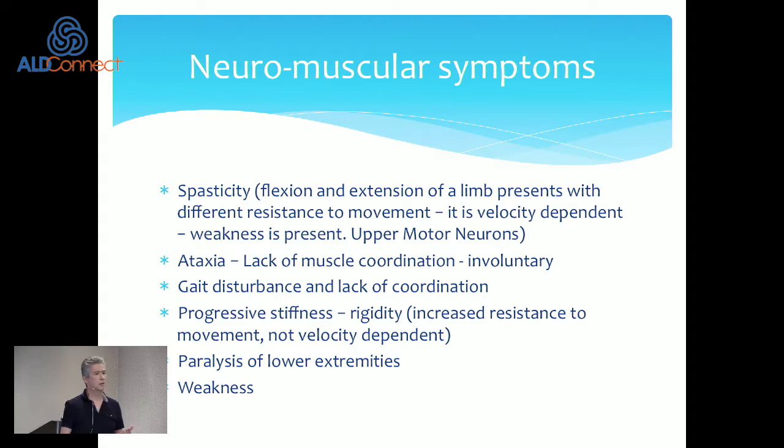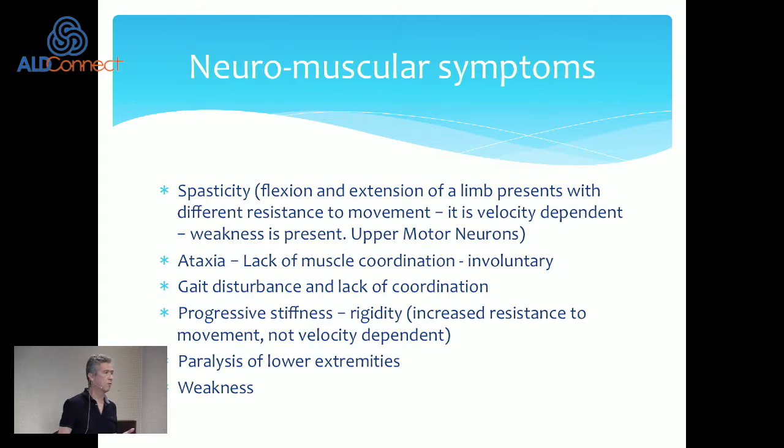An ataxia is going to contribute actually to falls, and it's something that we have to take in consideration very closely to make the person learn some strategies to avoid falling. The gait disturbances are also present in many of the patients, and for that we have some equipment that will allow them to walk supported and avoid falls, and I'm going to show you that later on.